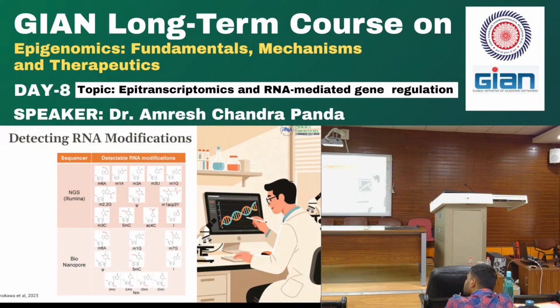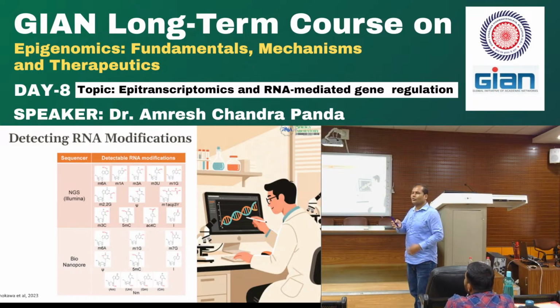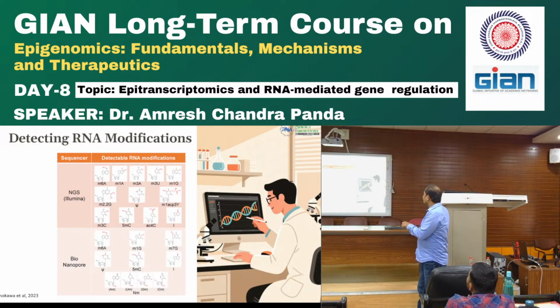So antibody based sequencing, chemical modification based sequencing, or your direct sequencing through nanopore. And these are the modifications you can do by NGS, and these are by the nanopore. But there are hundreds of more modifications for which we don't have a technique to detect them in any of the disease conditions.